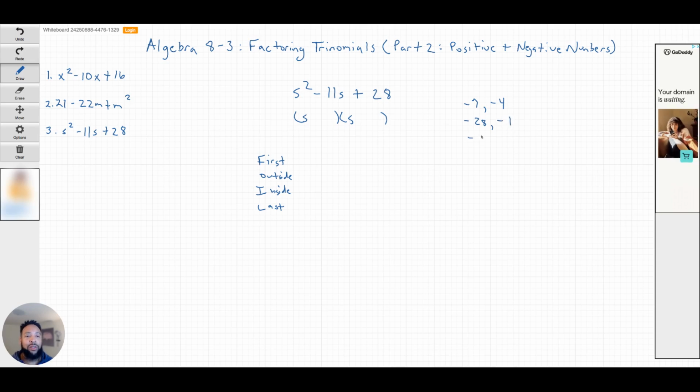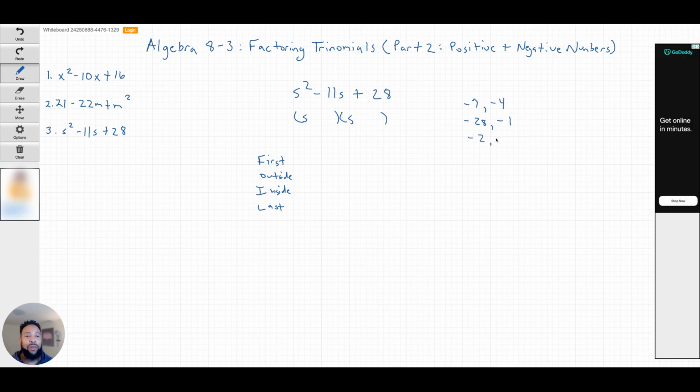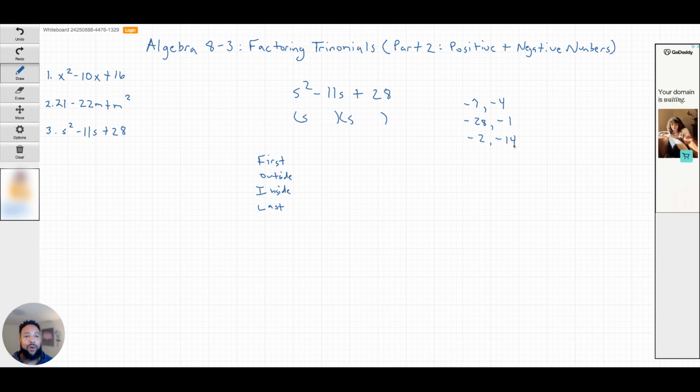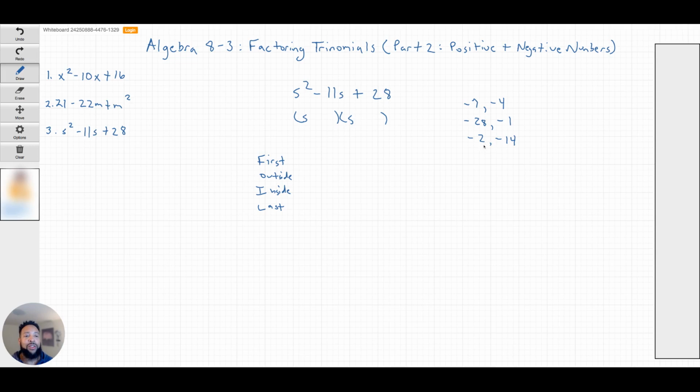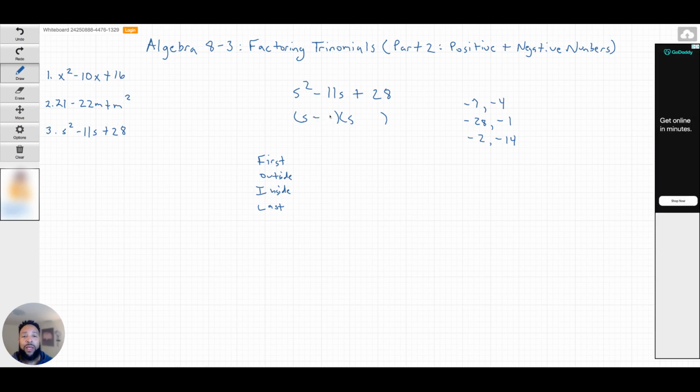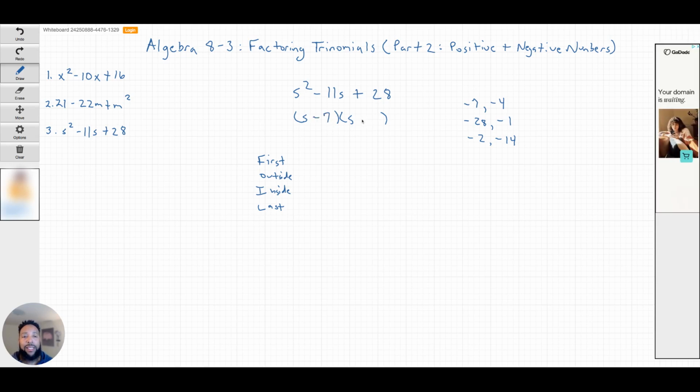We could also have negative 2 times a negative 14. So what two numbers add up to get negative 11? Negative 14 minus 2 is negative 16, but negative 7 minus 4 gives us our negative 11. So we know that our answer is s minus 7, s minus 4.